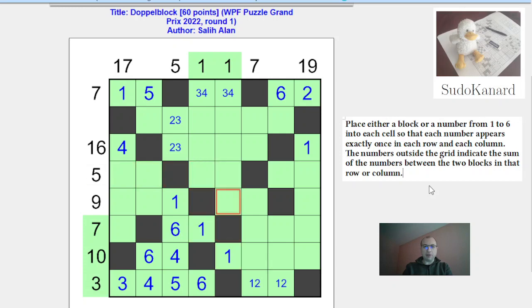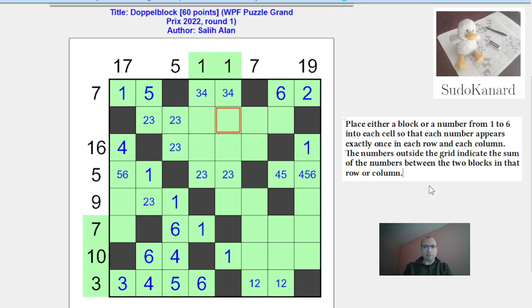It doesn't use a 1, so it's 2 and 3. So this can only be a 1, 4, 5, or 6. But then this is 2 or 3. This is also 2 or 3. So I get a 2, 3 pair.